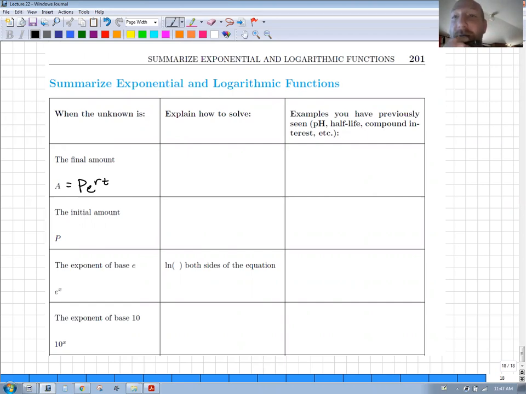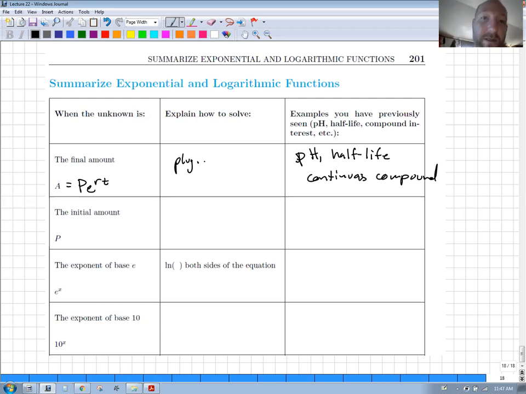Examples: the pH, half-life, and continuous compounding of interest. Plug in your numbers.